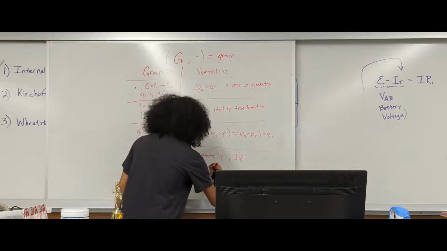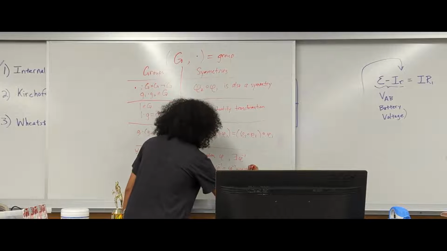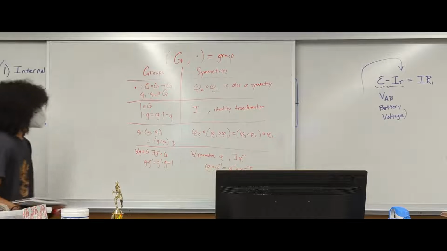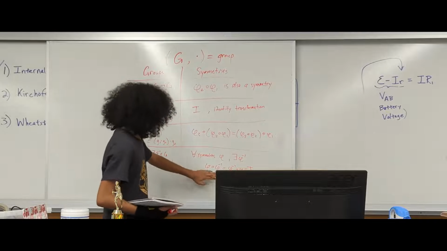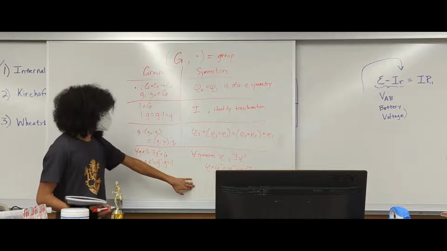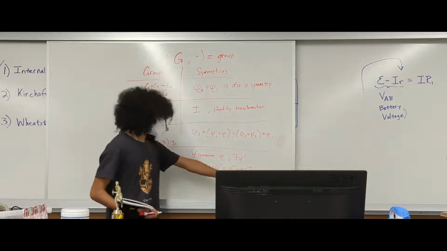So this satisfies the condition here. Like I mentioned before, these two statements are basically saying, we go through the function, go back, and we get back to exactly where we came from. That's the identity function.